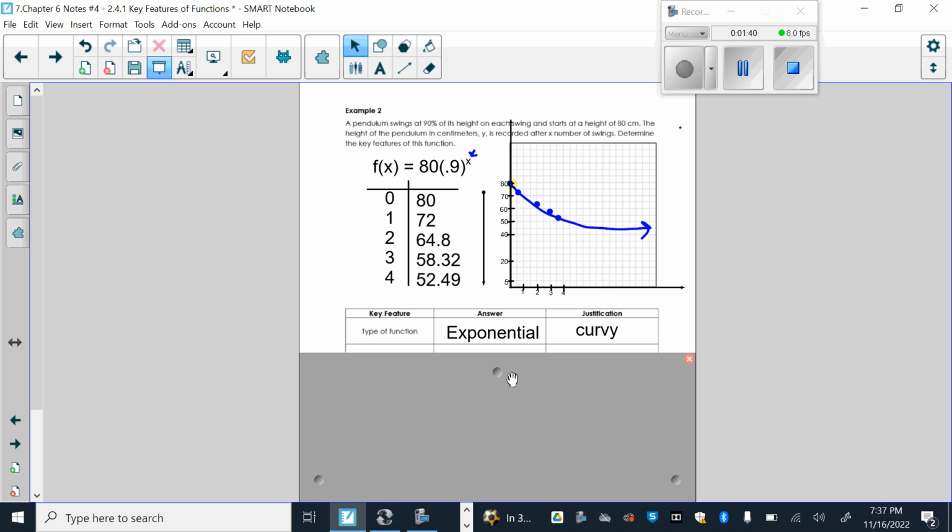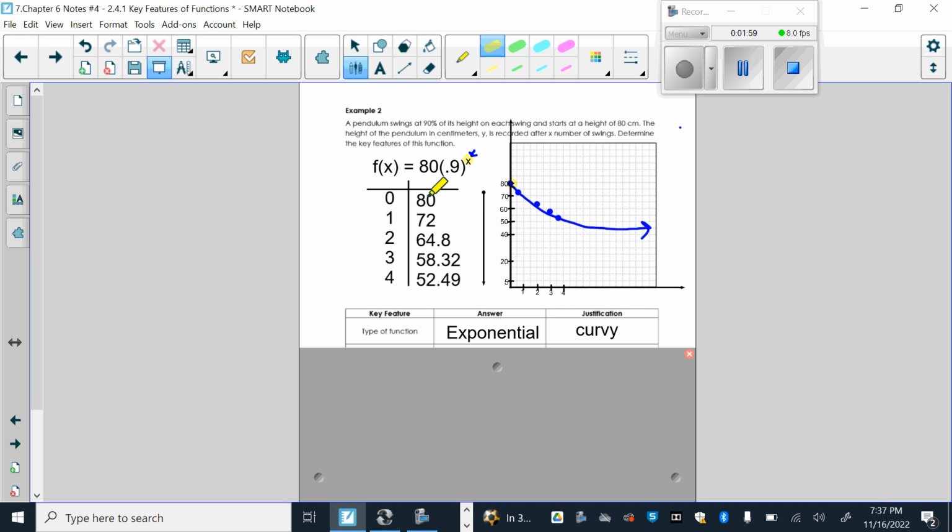All right, our first key feature, type of function. So this is an exponential function. And we know it's an exponential function for a few reasons. One, if we're looking at the function, notice our variable is in the exponent, making it exponential.